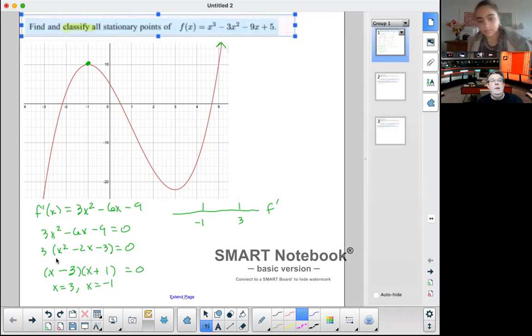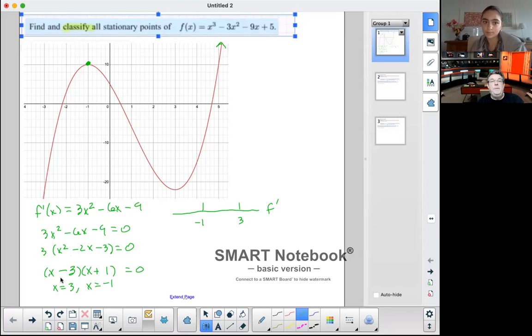If I want to use the factored form, it's just easier, but you need to make sure that you factor out a positive number, because a positive isn't going to affect anything as far as the sign. If it was negative, it's totally going to affect the sign. So you got to keep an eye on that.